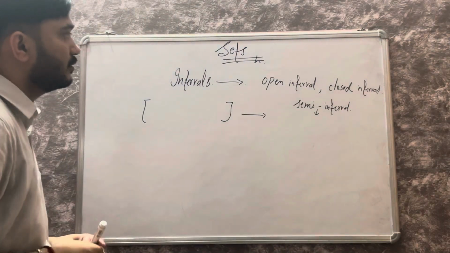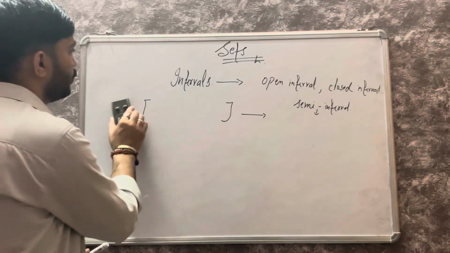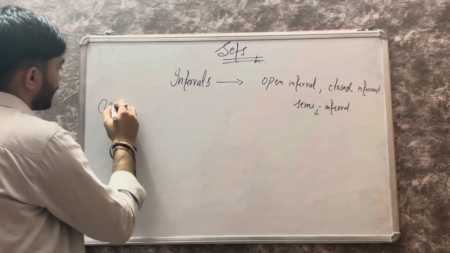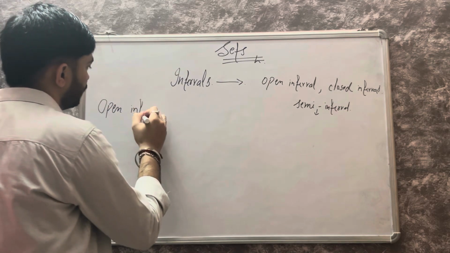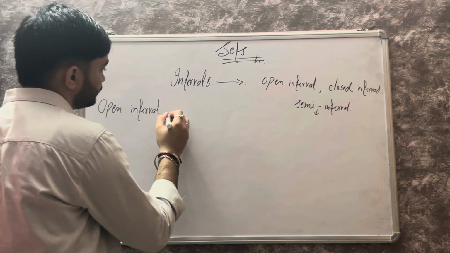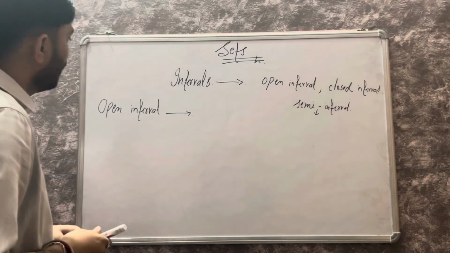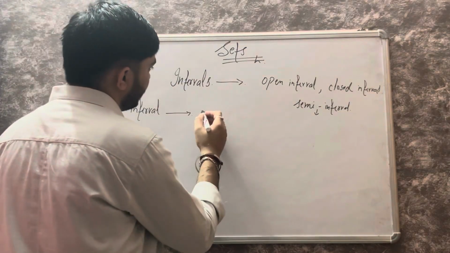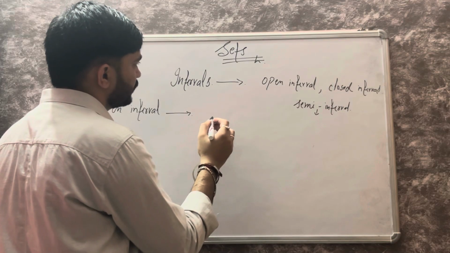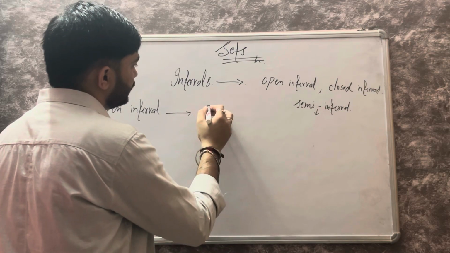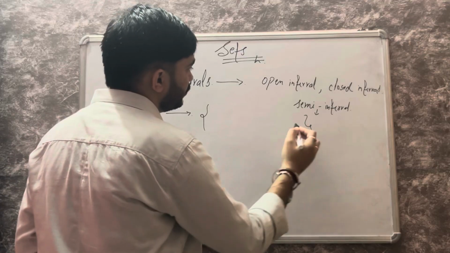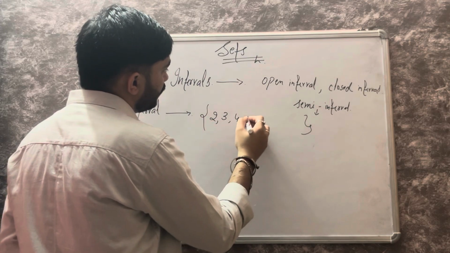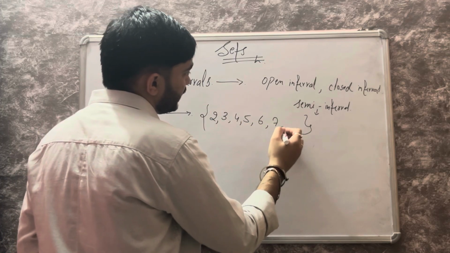Firstly, let us understand what open intervals are. Let us say we have a set where we have the values 2, 3, 4, 5, 6, 7, 8.